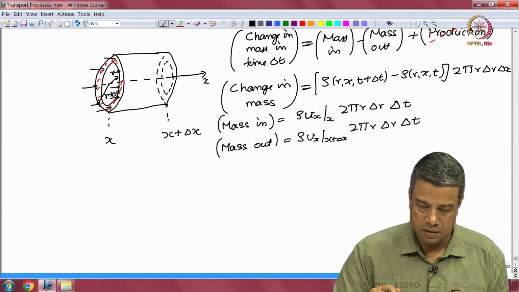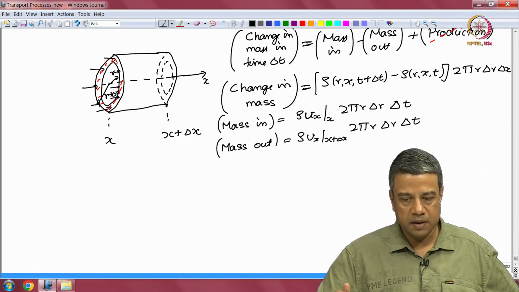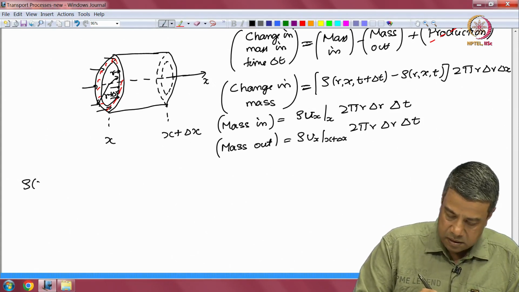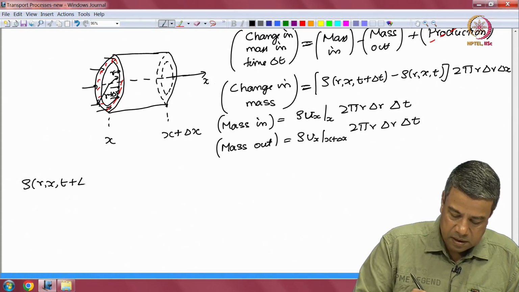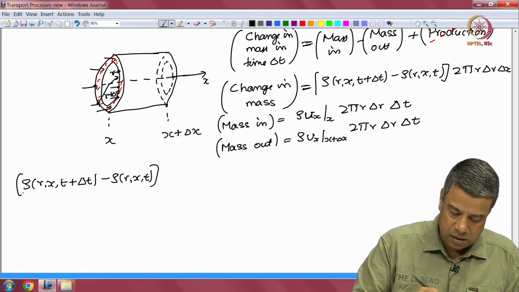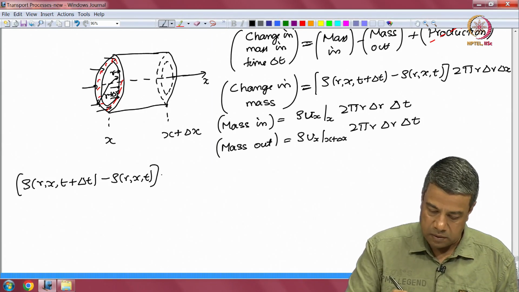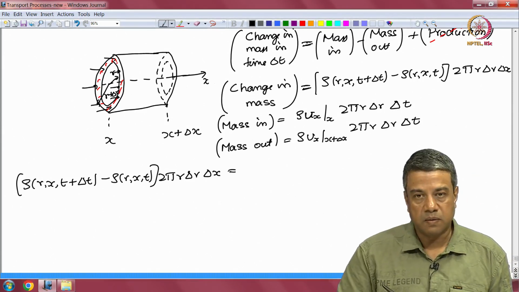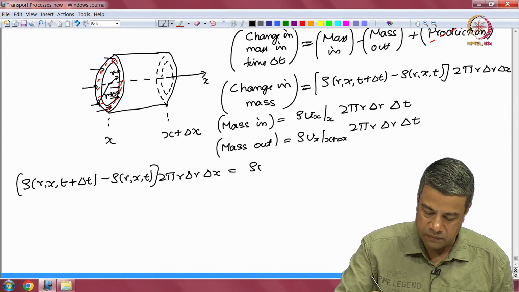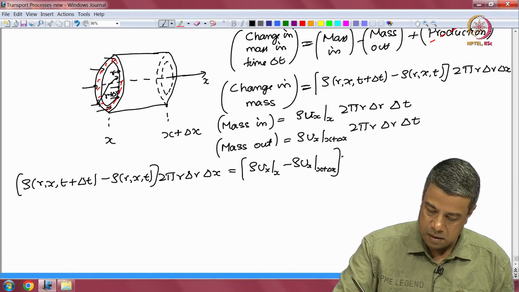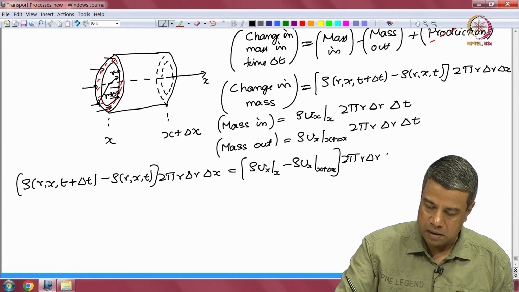So, if I go through and determine the conservation condition here, change in mass, rho at r, x, t plus delta t minus rho at r, x, t, into the volume 2 pi r delta x, is equal to mass in minus mass out, which is rho V x at x minus rho V x at x plus delta x, 2 pi r delta t.